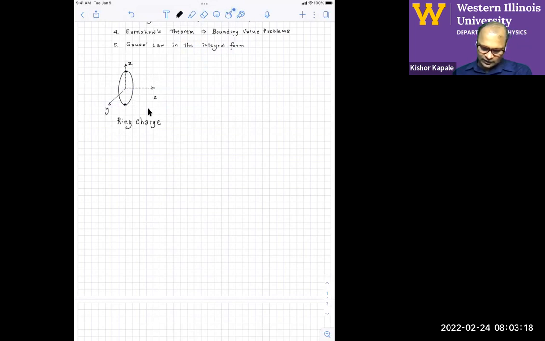And so we know that if we are looking at electric field only in the region of z greater than 0, right? So let's say we're trying to find electric field at this point here.